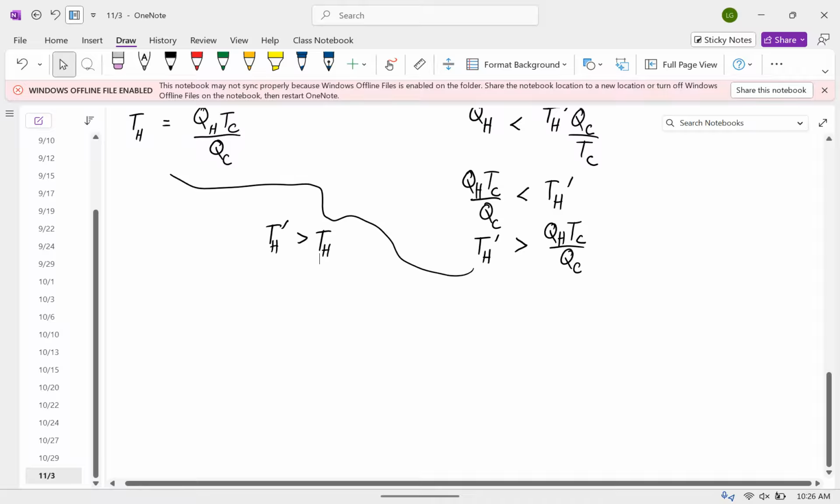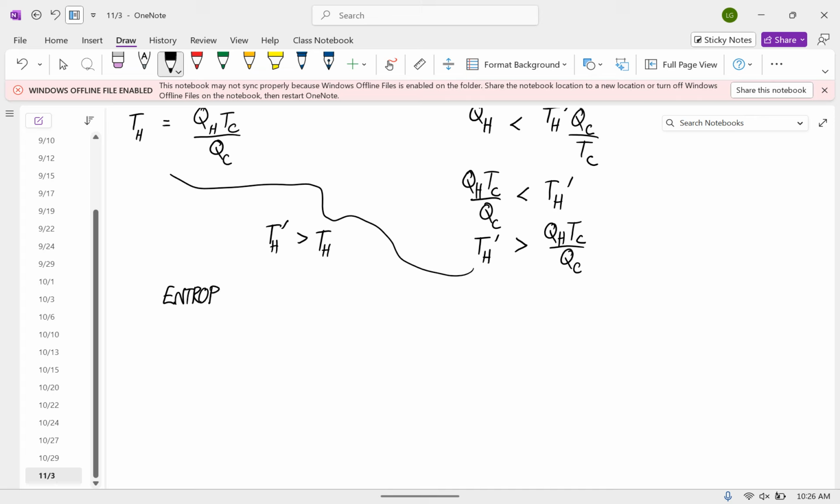Okay, so now we're going back to entropy. Remember the change in entropy, which is entropy at state 2 minus the entropy at state 1, is equal to the integral from state 1 to state 2 of delta Q over T all the way around the boundary.